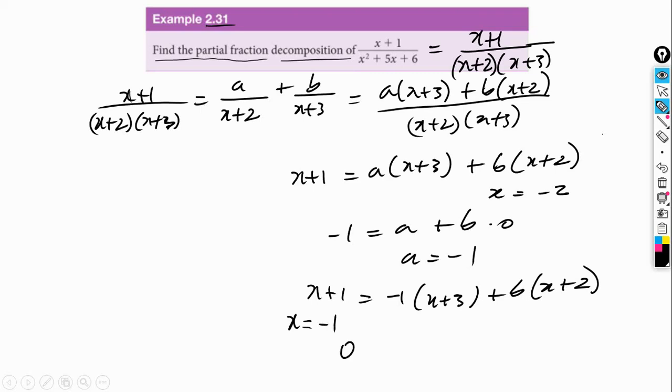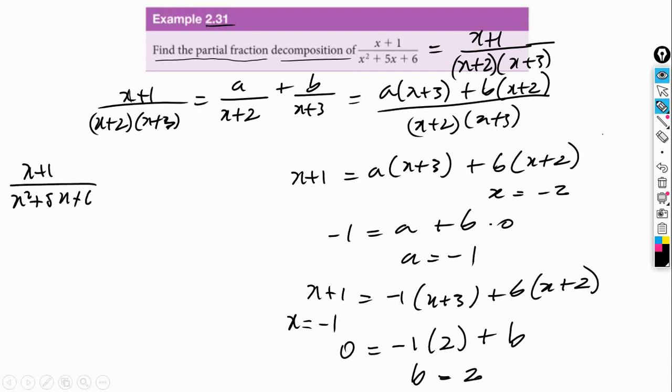We're going to get 0 is equal to -1 times 2 plus b. So that means that b is equal to 2. Therefore, we can say then that x plus 1 over x squared plus 5x plus 6 can be decomposed into negative 1 over x plus 2 plus 2 over x plus 3.